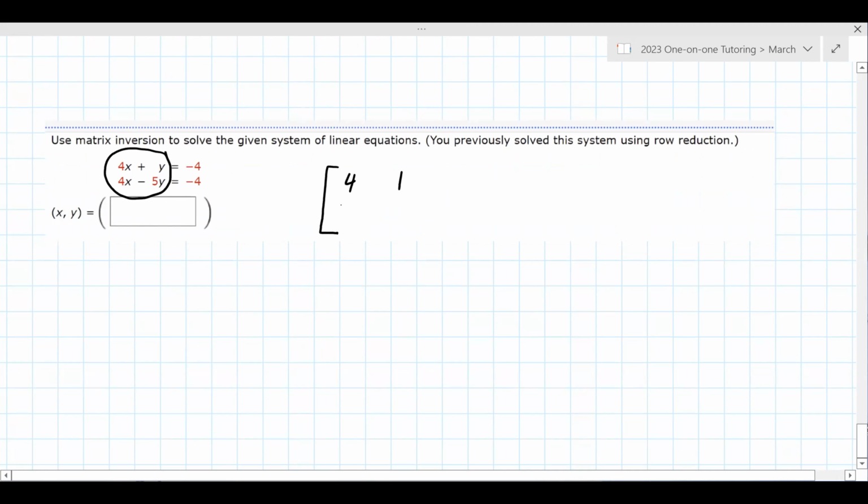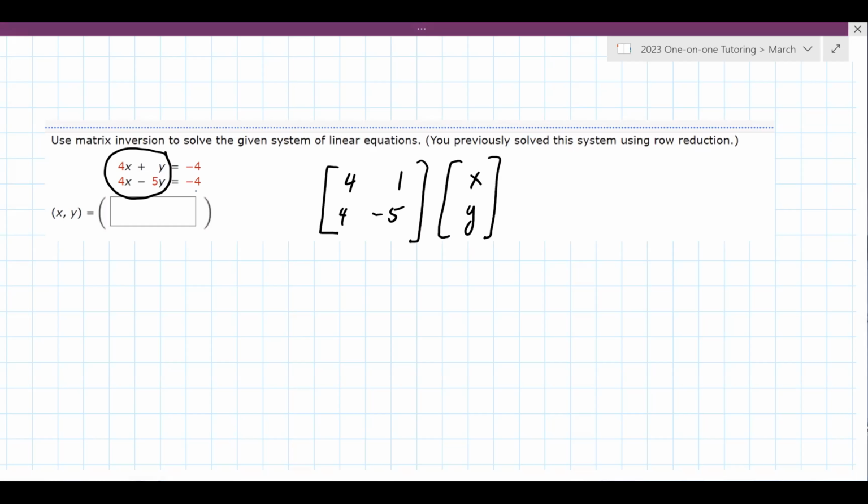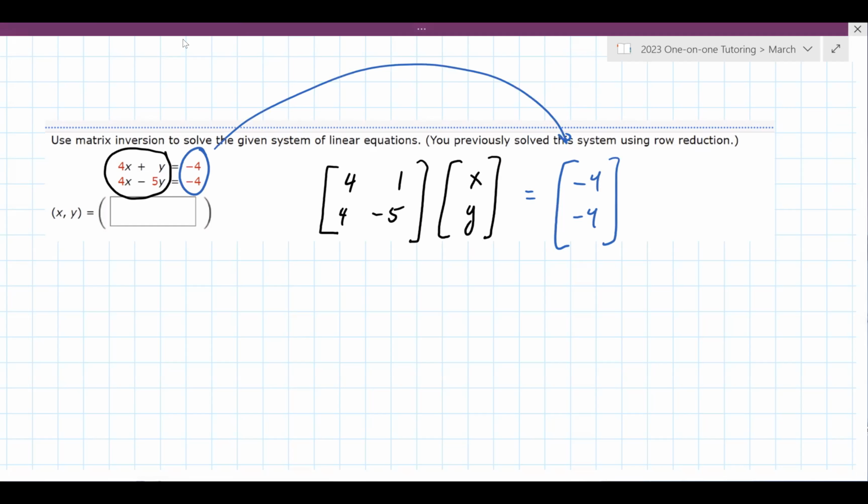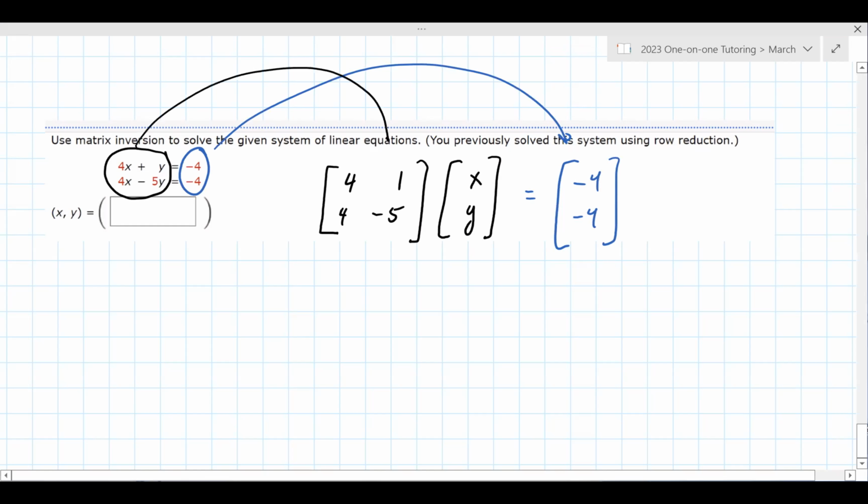So 4, 1, 4, -5. X and Y are the variables. Then on the right-hand side, we make a new matrix for the numbers on the right-hand side. It's color coded here in case you're looking later and figuring out where it came from.